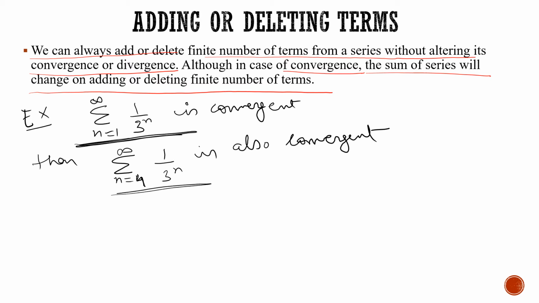So whatever I obtain will also be a convergent series. However, the sum of this will be different from the sum of the second one. If you find the sum of this and subtract the first three terms, you will get the sum of the next series.